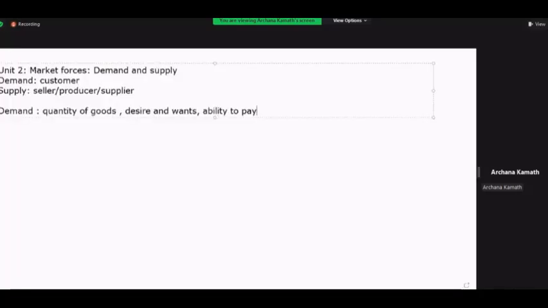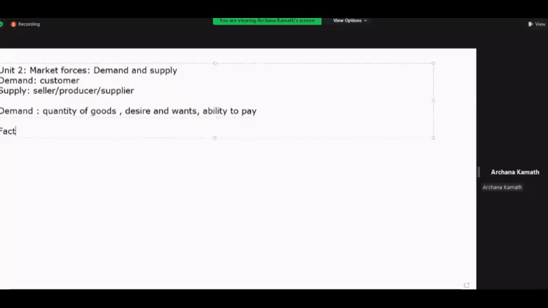If I'm looking forward to getting 1 buffet lunch or 2 buffet lunches, that is the quantity demanded of that particular commodity. So demand for a good, when supported by desire and want for that commodity, you can convert your desire and want into demand as long as you are willing to pay for it or you have the ability to pay for it.